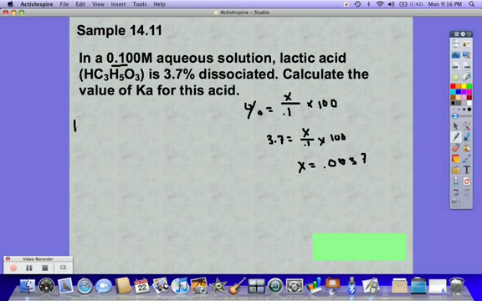So I'm going to write out our expression. Lactic acid, when it breaks up, is going to give off hydrogen and lactate. Set up our ICE table, so 0.100, minus x, plus x, plus x.